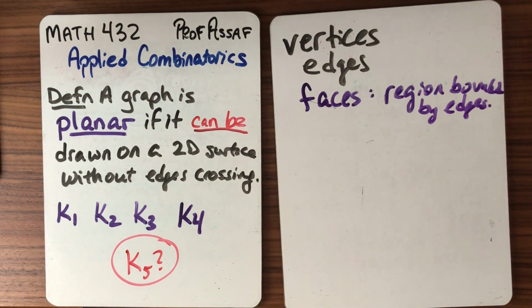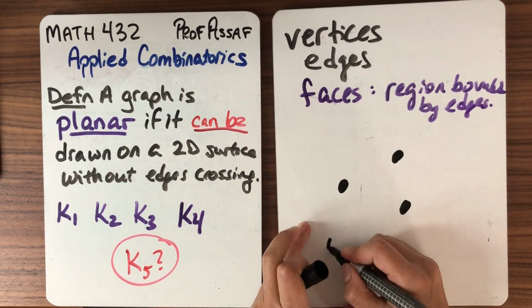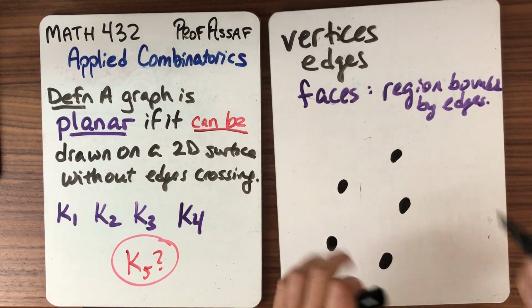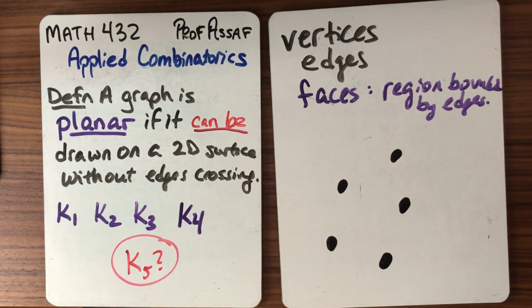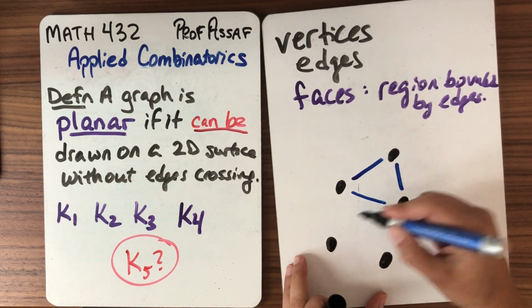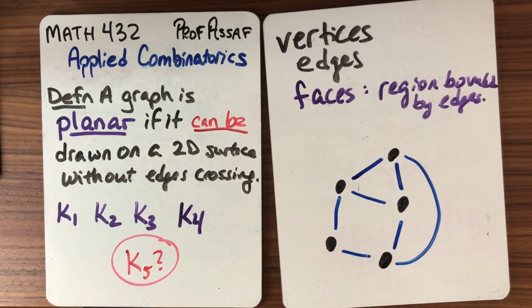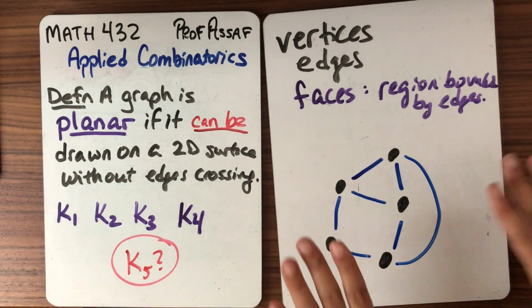So if I take a graph that's planar, so maybe I'll take a graph with 5 vertices, and we'll throw in some edges. As long as I don't cross my edges, I'm good to go. Maybe we'll do it like that. That seems like a nice way to draw. Okay, so here's my graph.